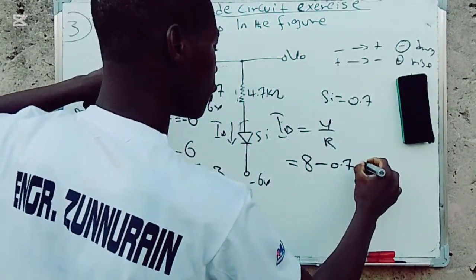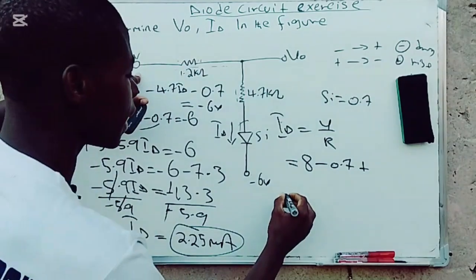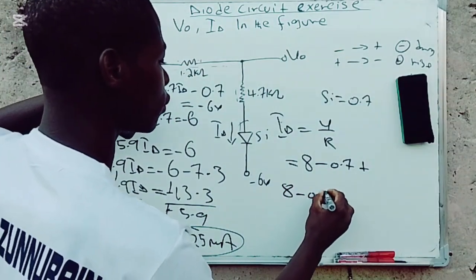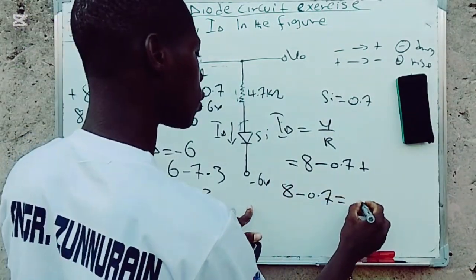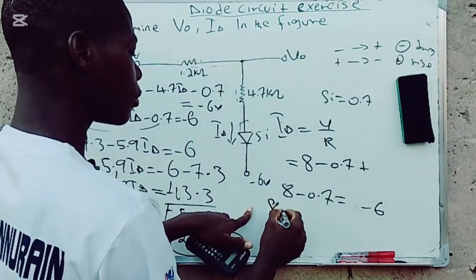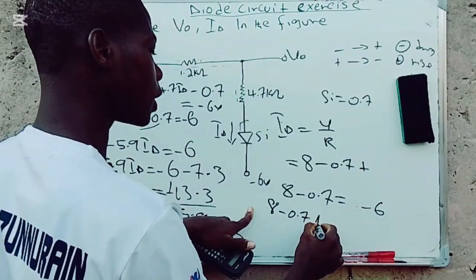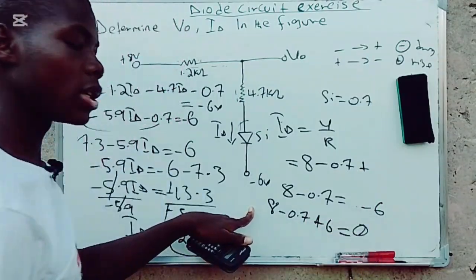It will now be plus, because 8 minus 0.7, when this equals minus 6, and it crosses the equal sign, it will now be plus 6.